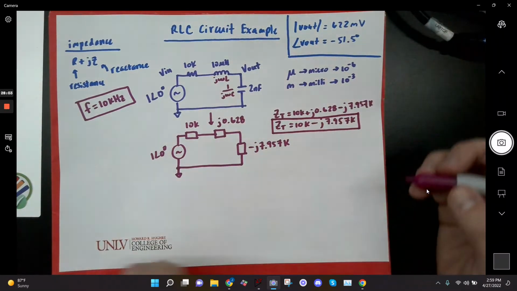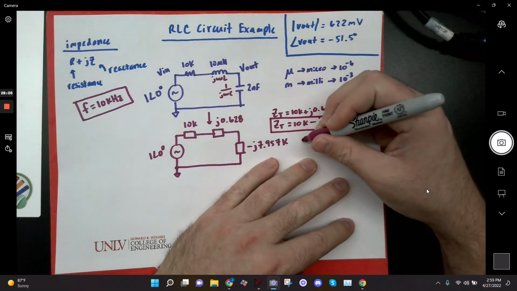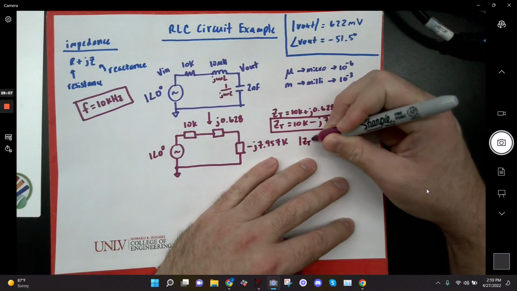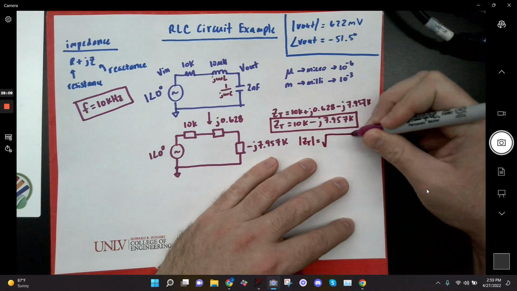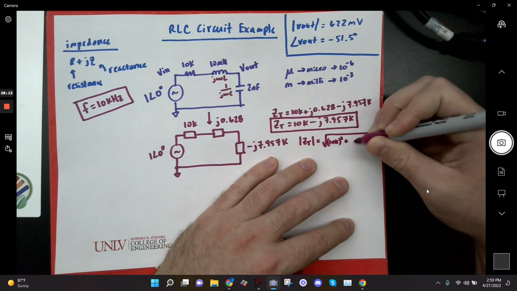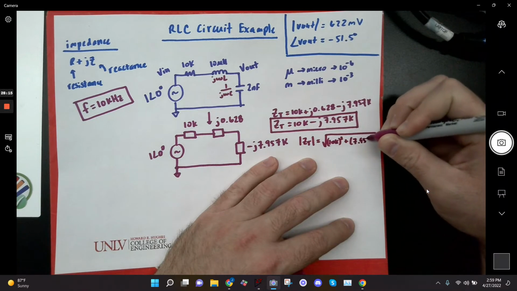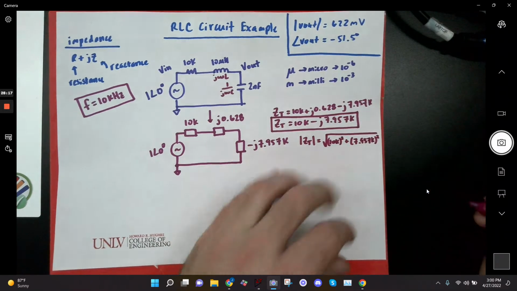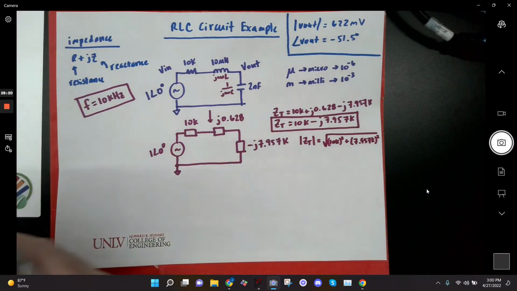So if I want to convert this into a phasor, I'm going to go the magnitude of Z is equal to the square root of 10K squared plus 7.957K squared. Do that.